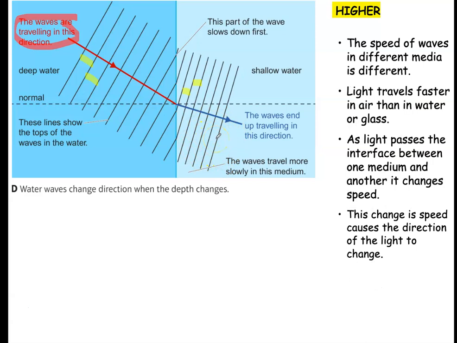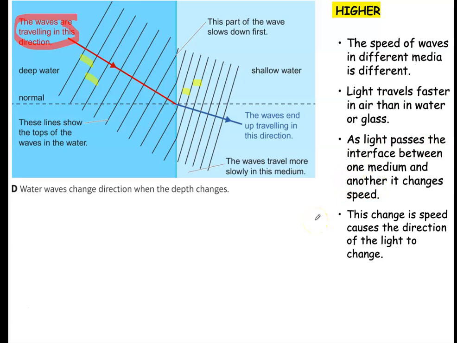The key things to focus on in this slide are the following. The speed of waves is different in shallow water and in deep water. Light travels faster in air than in water or glass. As light passes the interface between one medium and another, it changes direction and it changes speed.